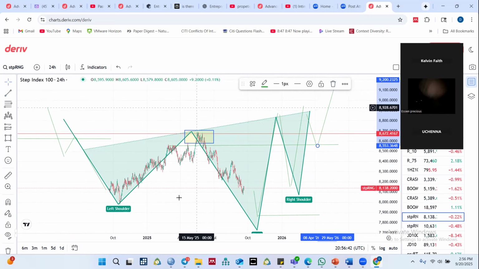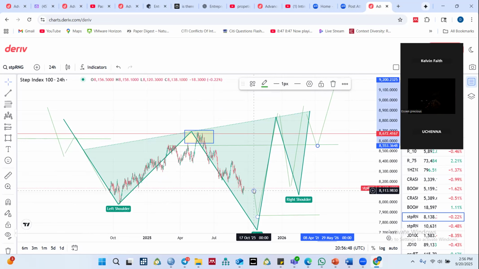So if something like this is to happen, like a head and shoulders or a good double bottom, then we are going to technically see the reversal.